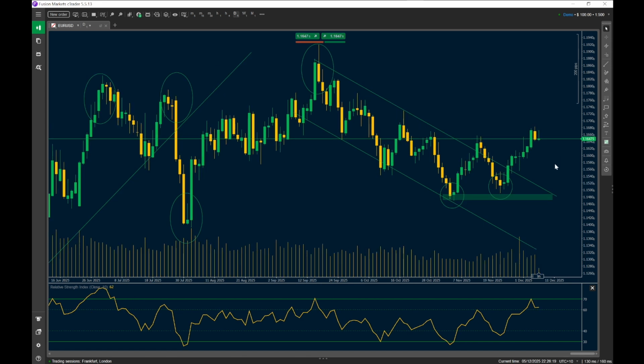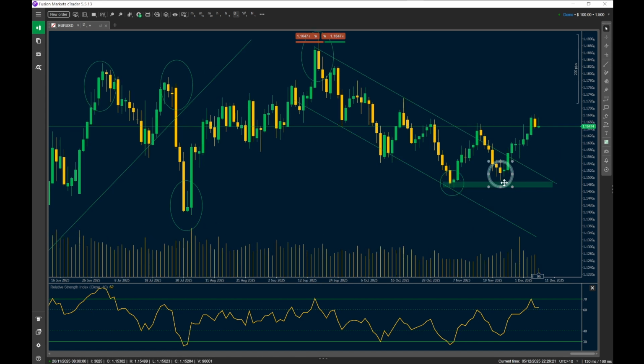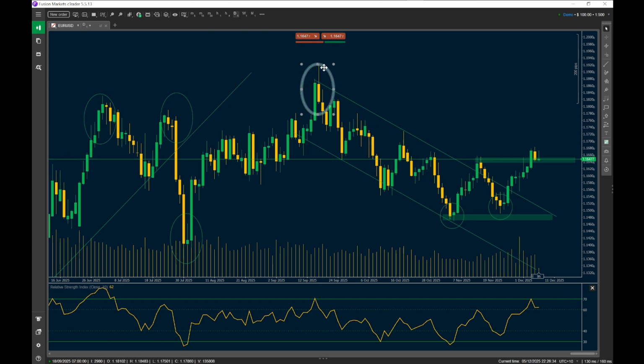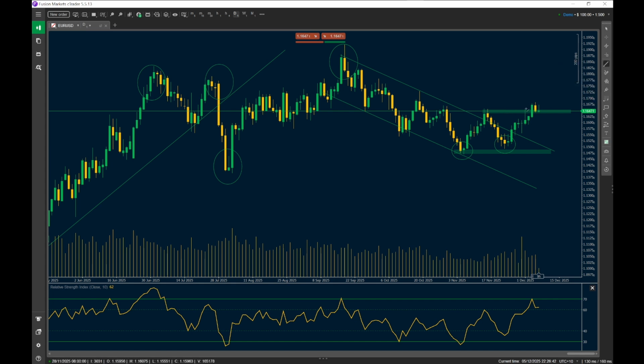So low, higher low, and then we break this previous lower high. We have one high here, lower high, lower high, lower high. Price broke this lower high, and now it makes a higher high.